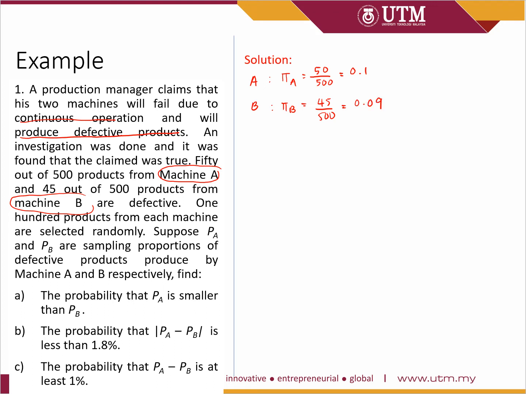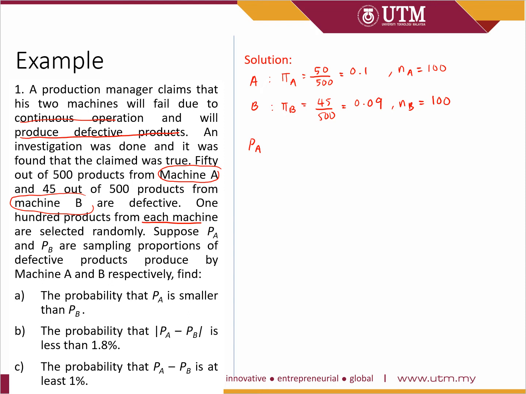Okay, 100 products from each machine are selected randomly. So 100 products refers to the number of samples. The number of samples from machine A is 100 and the number of samples from machine B is also 100. Suppose PA and PB are the sampling proportions of defective products produced by machine A and B respectively.